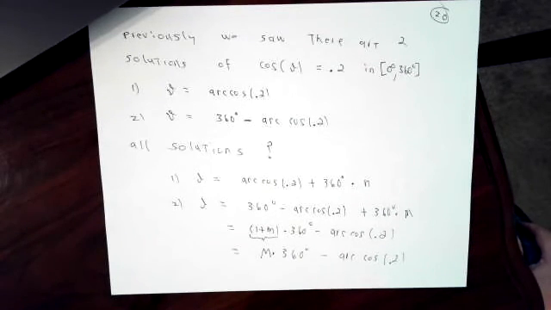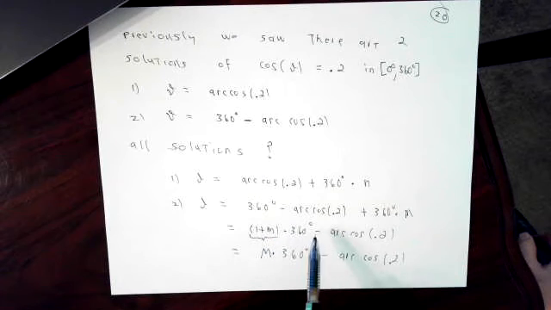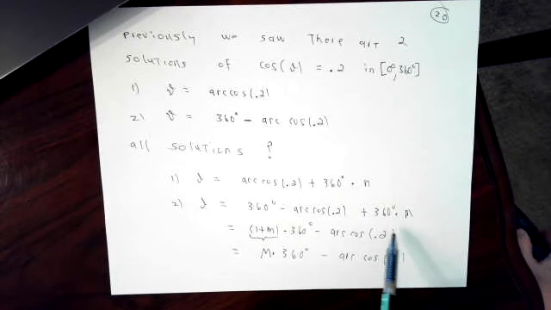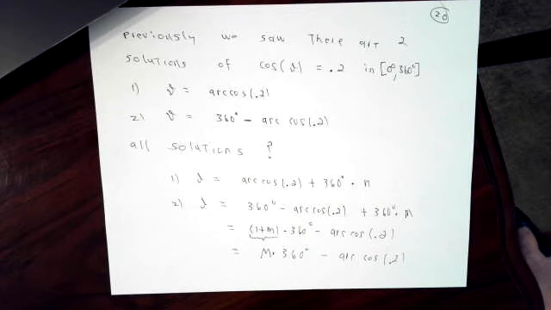It's a whole number, could be positive, could be negative, could be 0. Also, 360 minus arc cosine of 0.2 plus a whole number times 360 will also work.